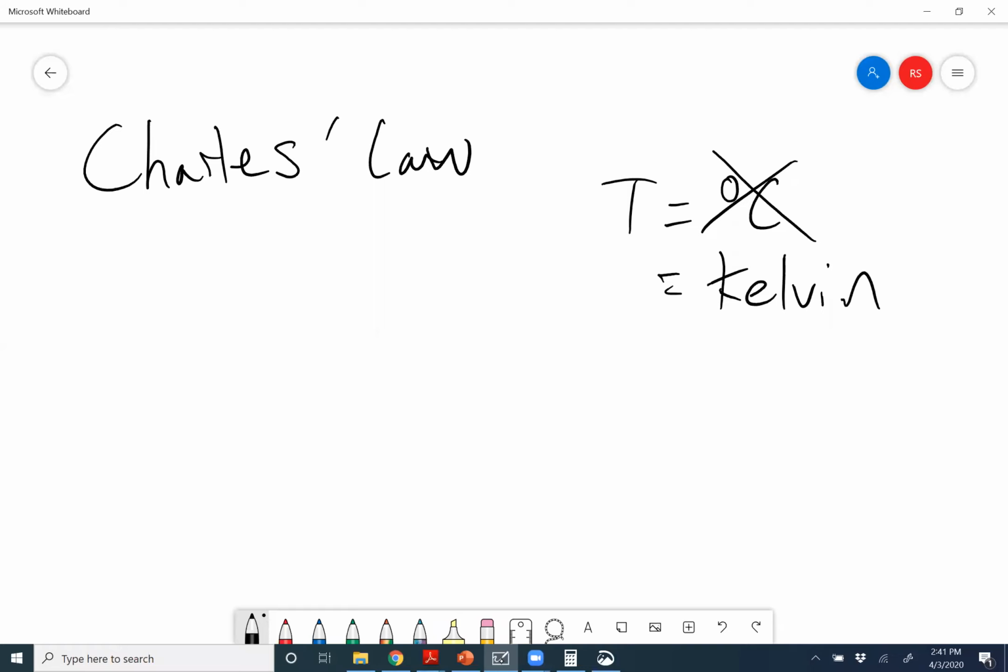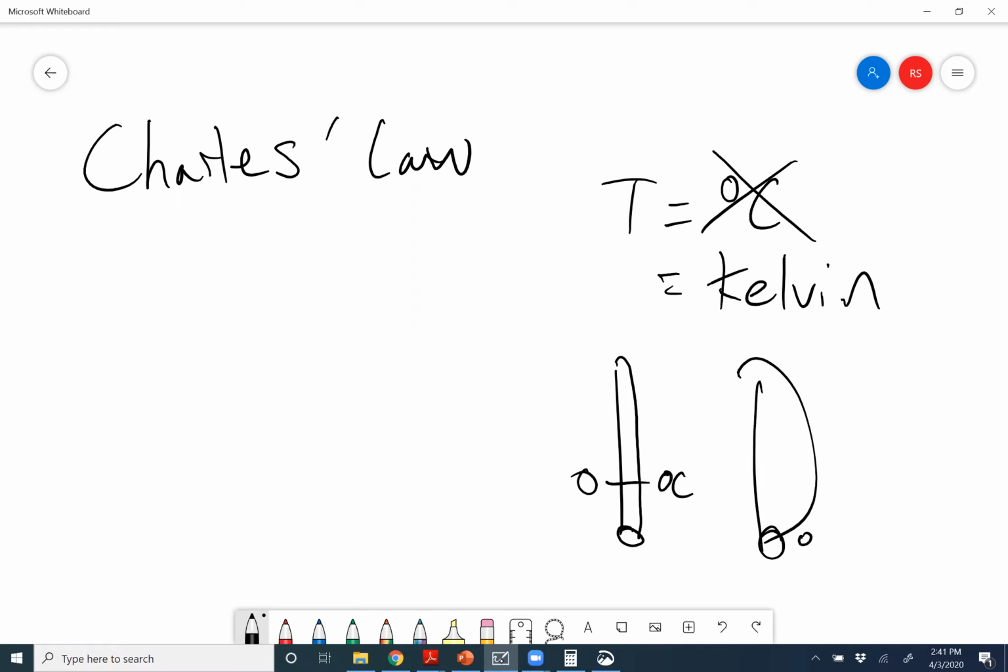Remember that the Kelvin scale is the temperature of degrees C. But instead of 0 degrees C being water freezing, he set his scale to be 0 down here, 0 Kelvin, and this same mark is 273 Kelvin. He just took the exact same scale and he just got rid of all the negative numbers.